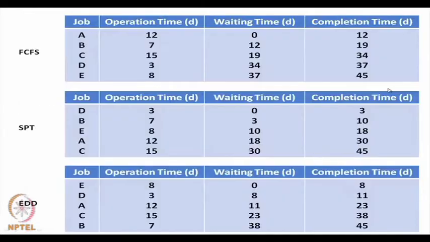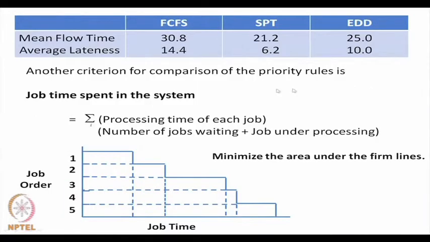Completion times are known, so I used that formula and calculated the average lateness for the 3 priority rules, and I found that the shortest processing time also gives the least value of 6.2. So, following these 2 criteria, I found that the shortest processing time is the best priority rule that one should follow.